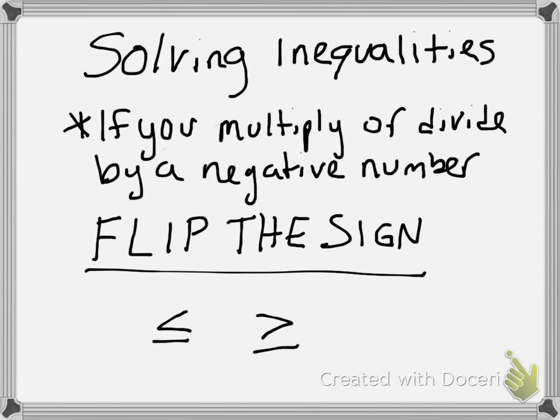Alright, so let's go through and look at our first example. If you need anything that's on the screen, go ahead and pause the video to get it down because I'm going to clear the screen. Okay, we're going back to that first problem: n minus 6 is less than or equal to negative 14.